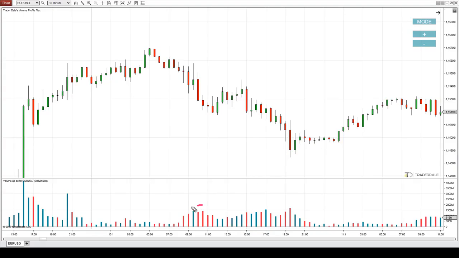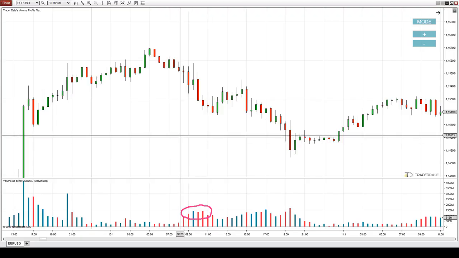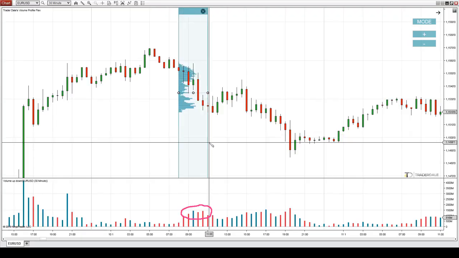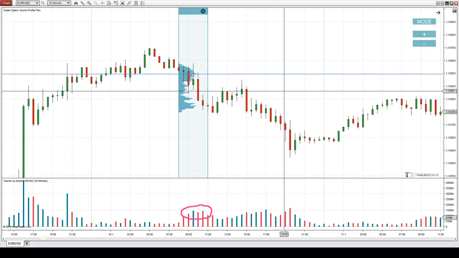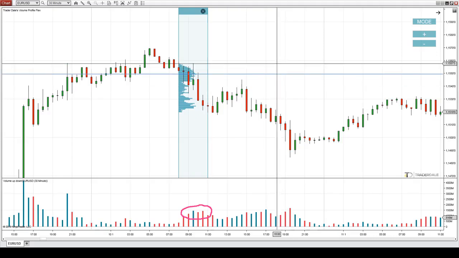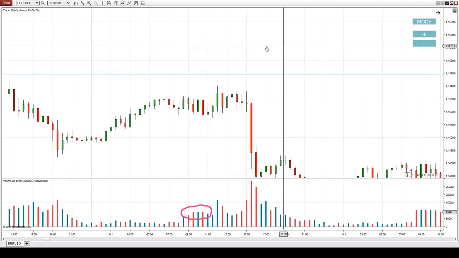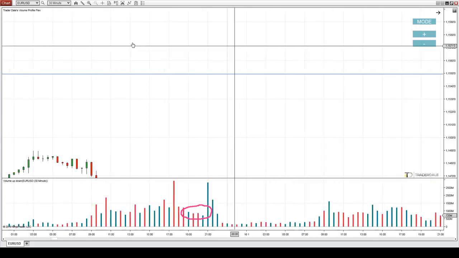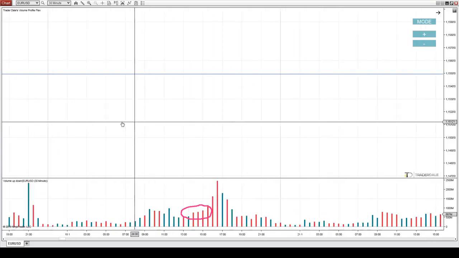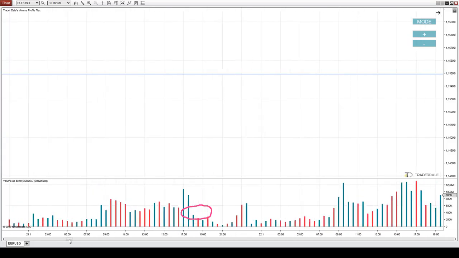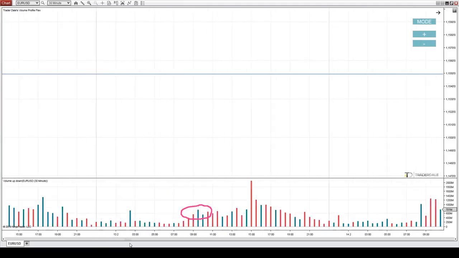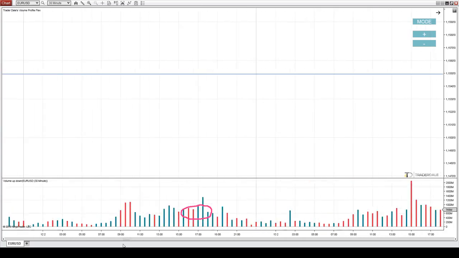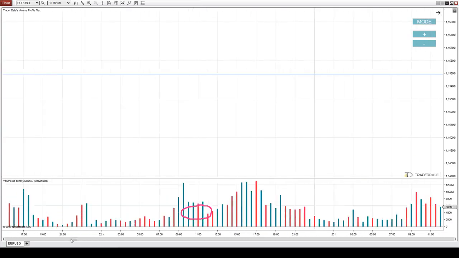Alright, so the next day, another volume peak is in here, in the European session. Heaviest volumes being right there. Okay, so the price doesn't go back to the level.